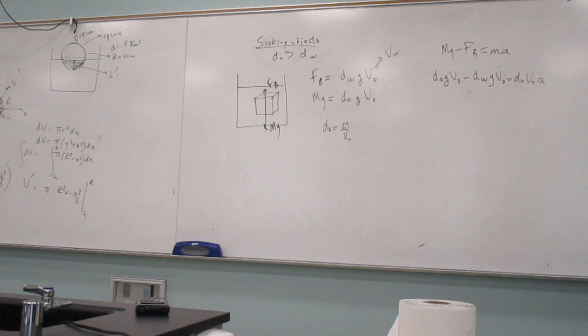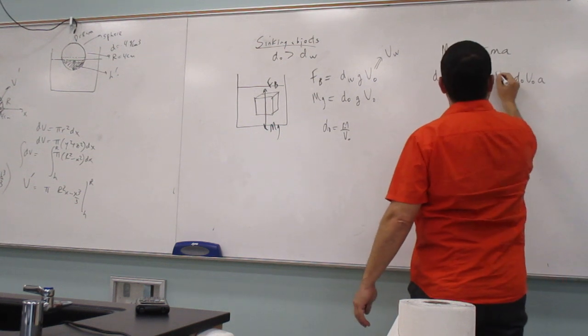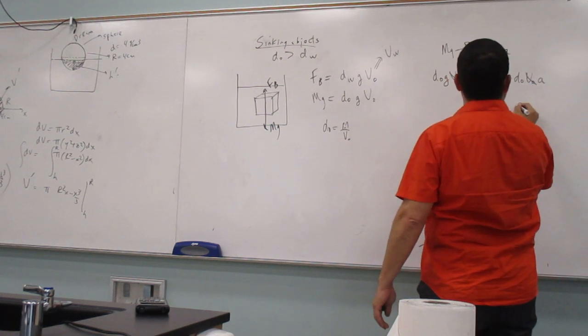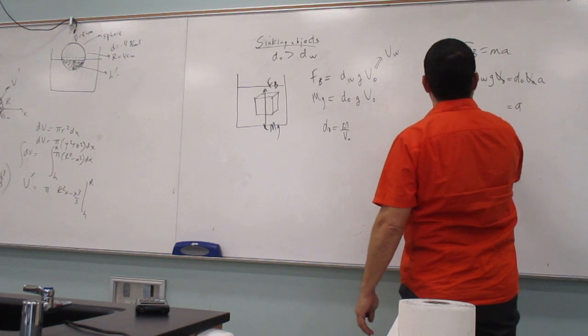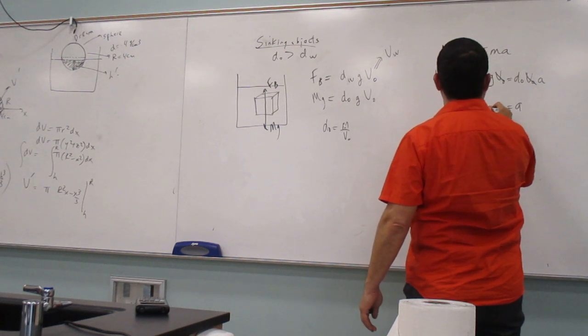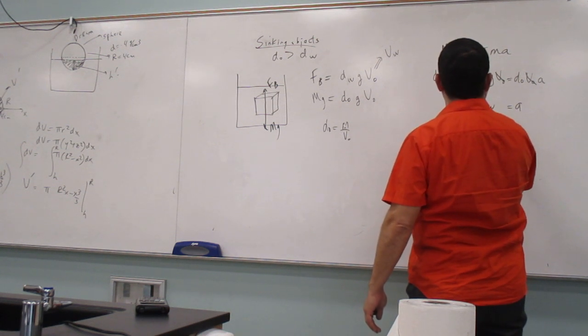So that means the acceleration that they sink with, the rate at which they sink, the volume of the object cancels, and then we can say a is equal to (dO minus dW) over dO times g.